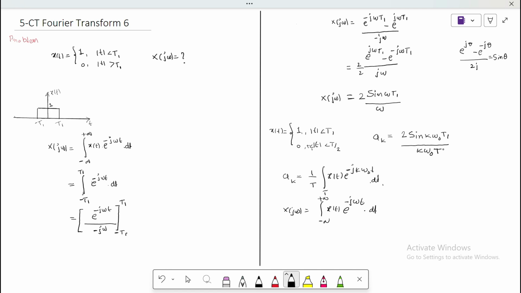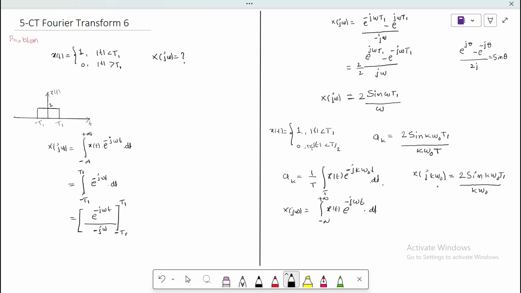So ak into T, that is x of j k omega naught, equal to 2 sine k omega naught t1 by k omega naught.